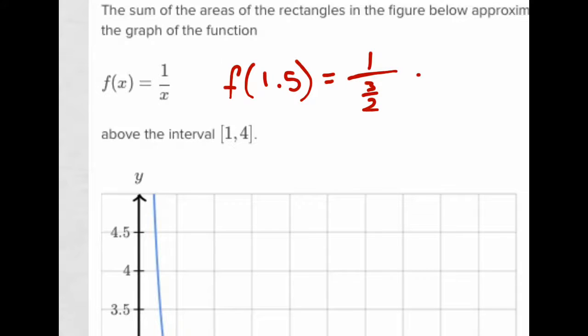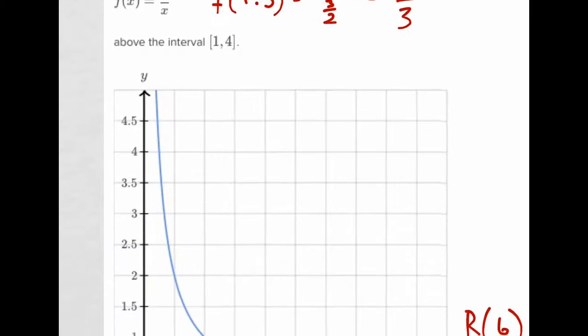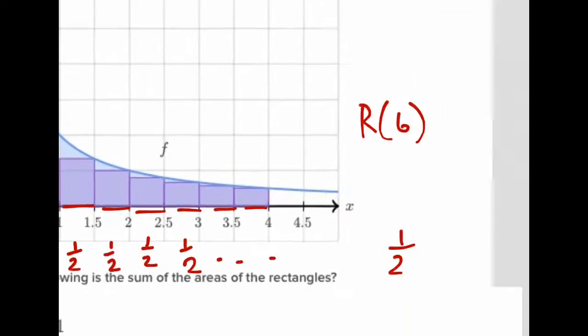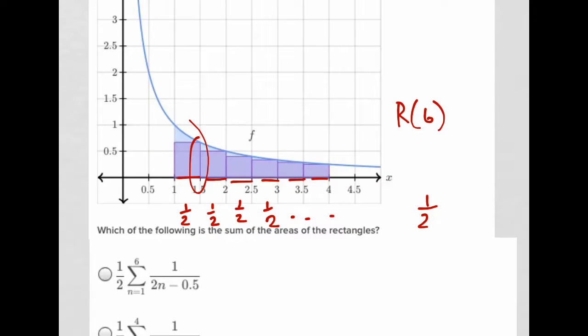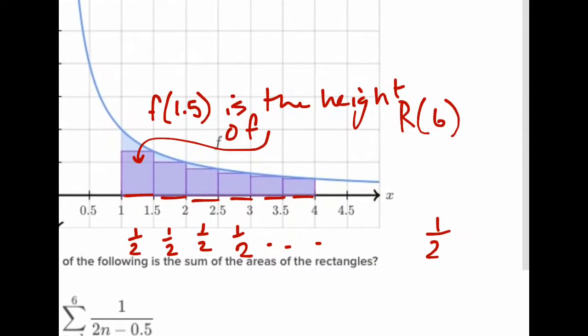Flip the second one and multiply, and that's 2/3. So the height is f of 1.5, the height of the first rectangle.